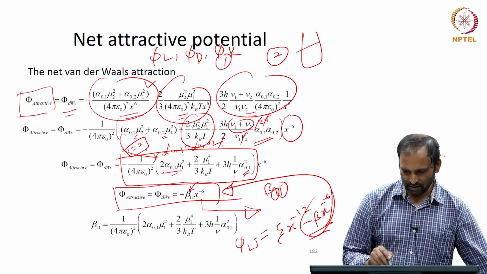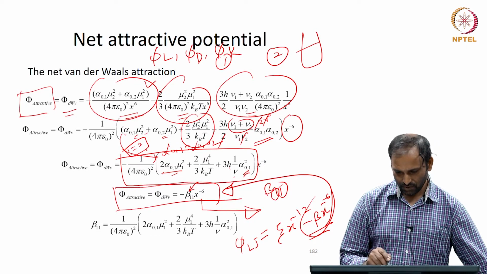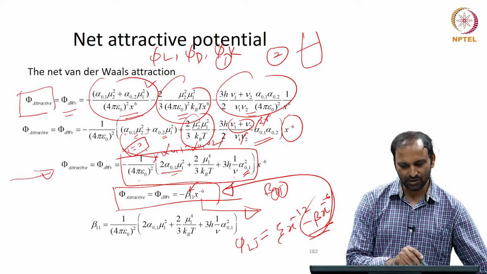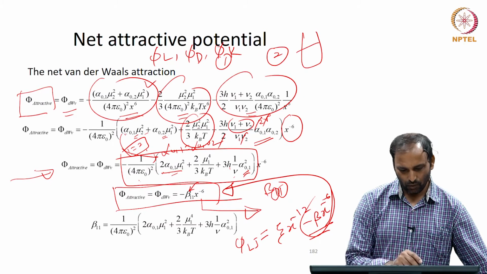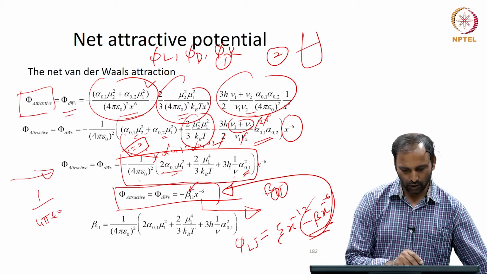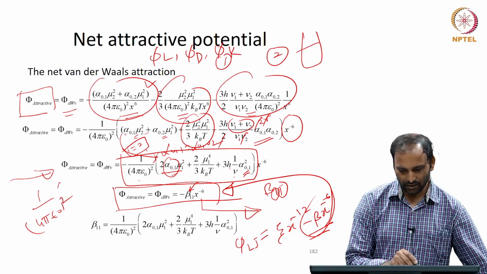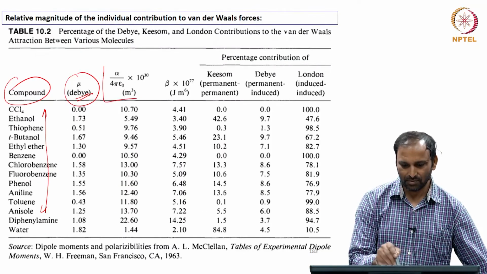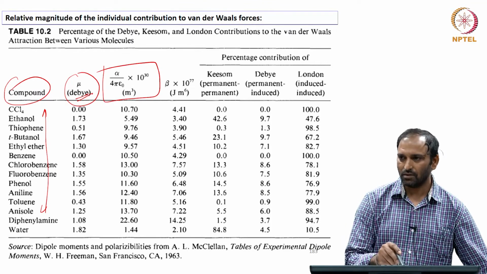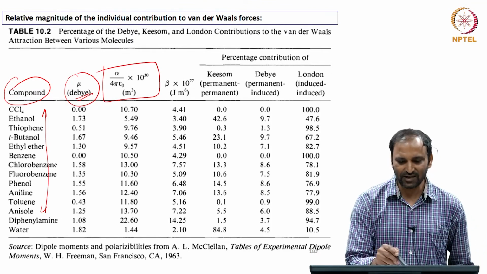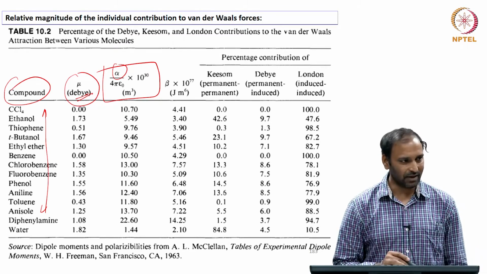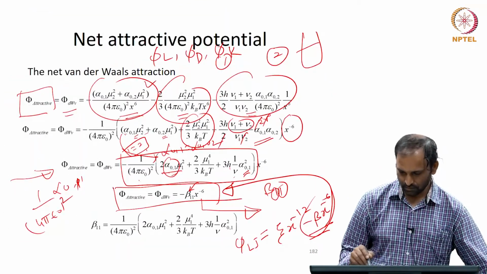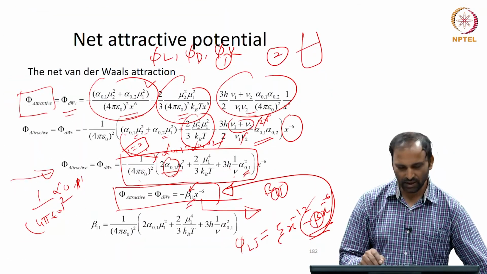If you look at this expression, you have 1 over 4 pi epsilon naught whole square and there is alpha 0 1. So, it is actually this term. So, basically this will give you alpha, the polarizability, and that is beta, this term, beta 1 1.